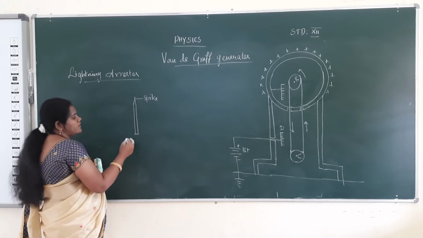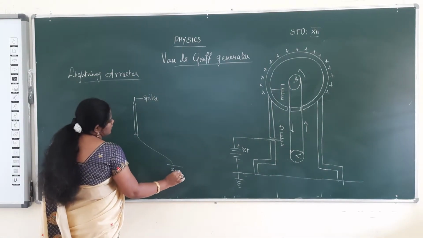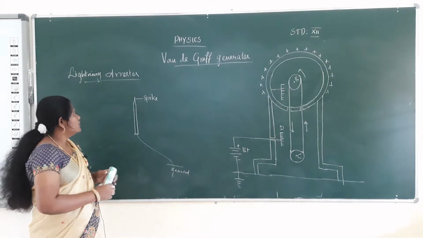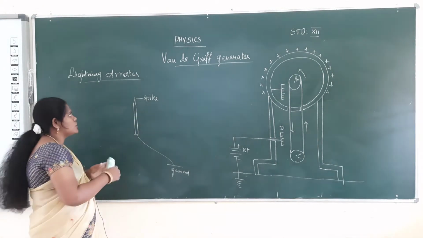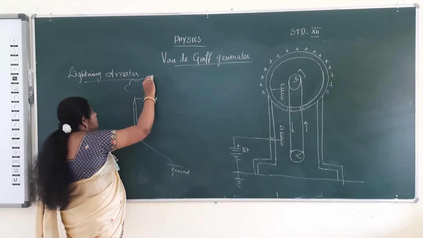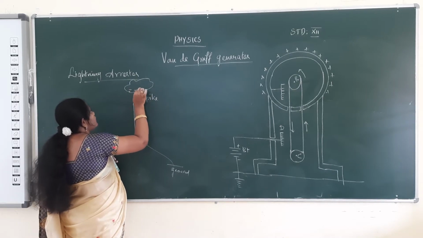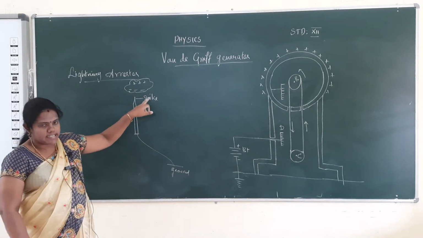and the other end of the copper rod is buried into the ground. They are connected with one wire, which goes into the ground. Then the copper rod has one spike. Suppose a negatively charged cloud comes near the lightning arrestor.